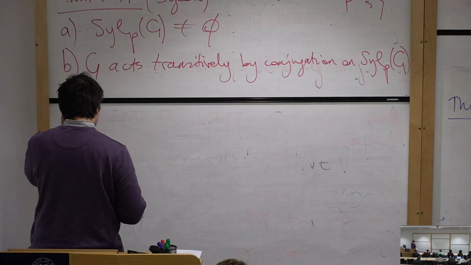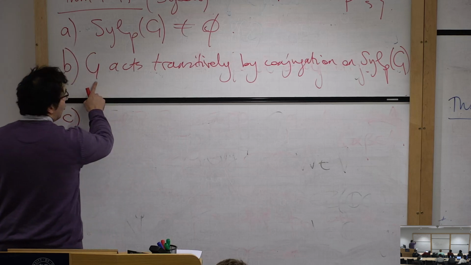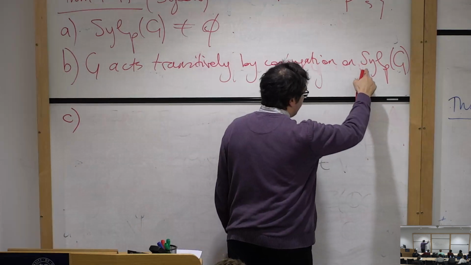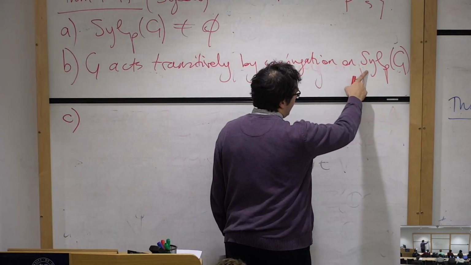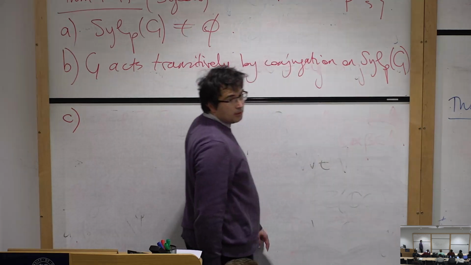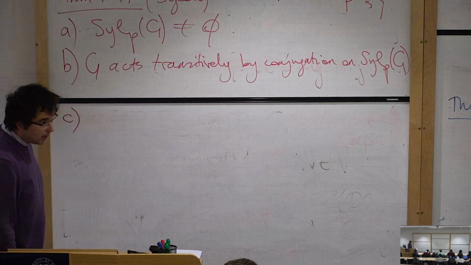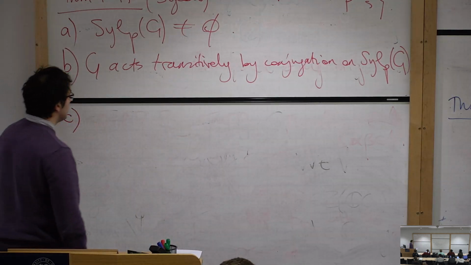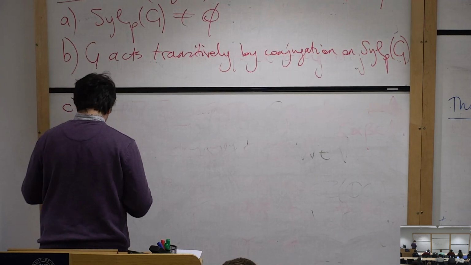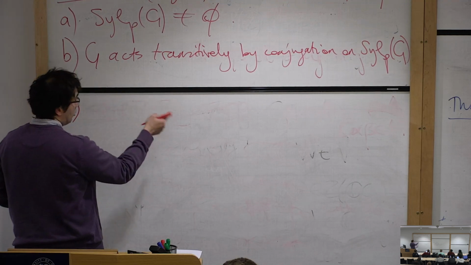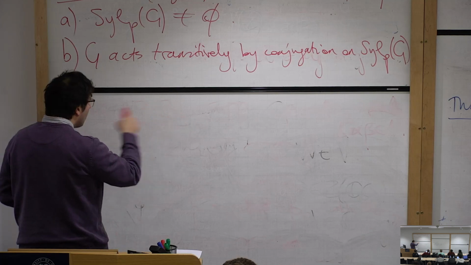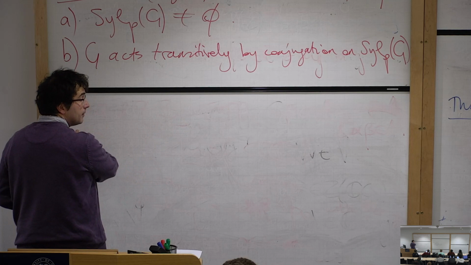Furthermore, by orbit-stabilizer, you can calculate the number of Sylow p-subgroups as the index of the stabilizer of any particular one. The stabilizer of any subgroup under conjugation is its normalizer. And its index is coprime to p. Furthermore, part C says that this index is congruent to 1 mod p.